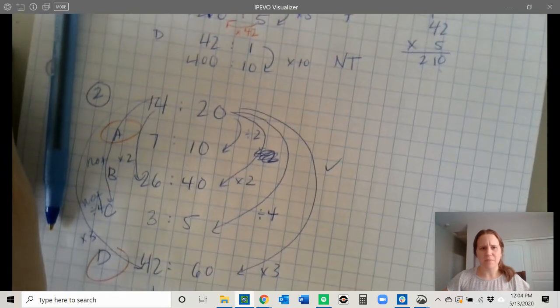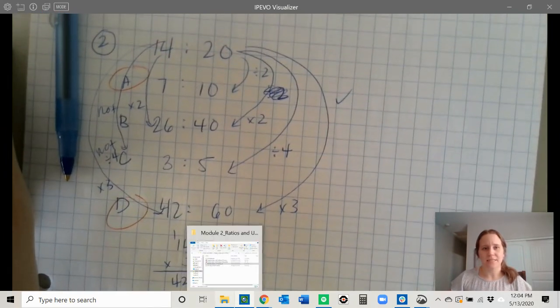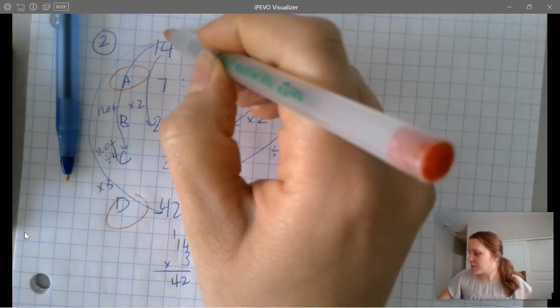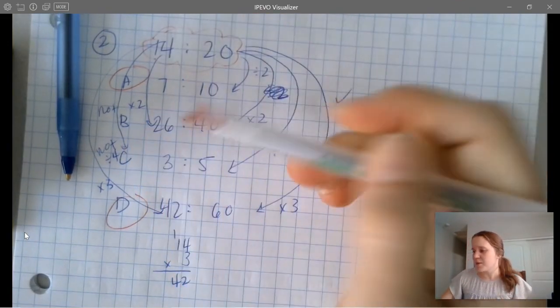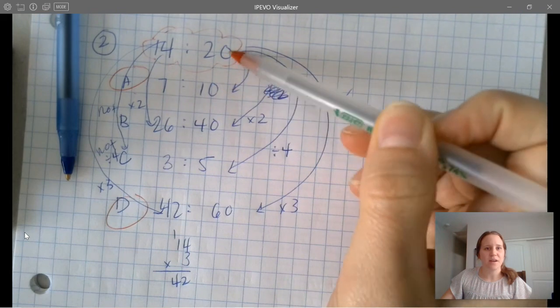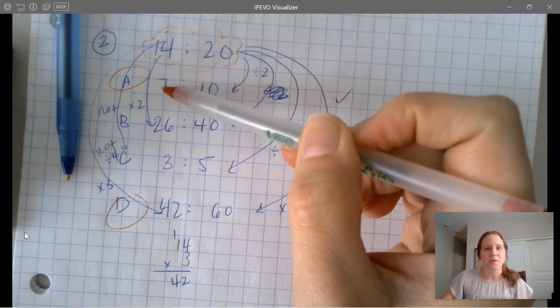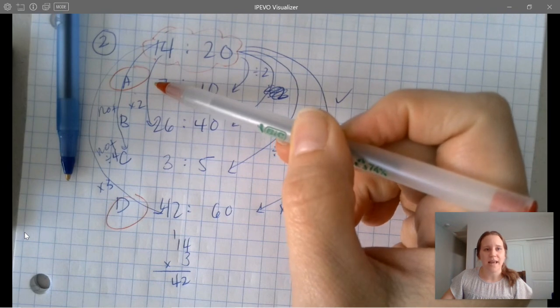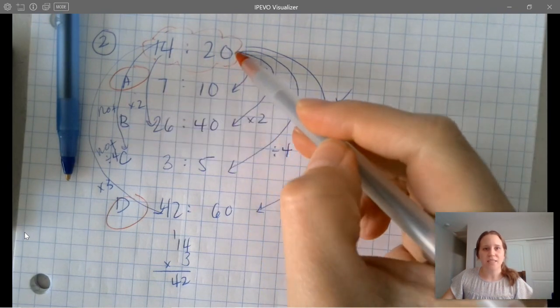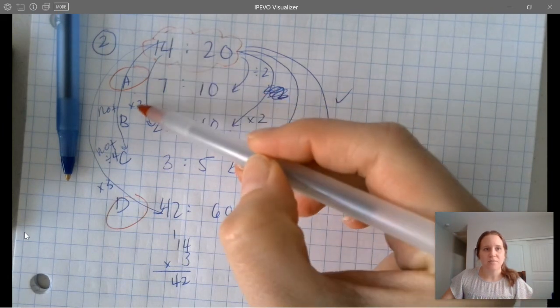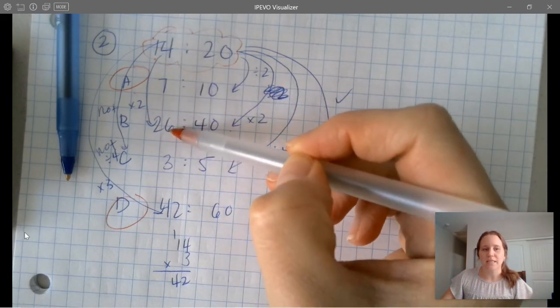My work got a little bit messy here, sorry. I did my best, but it did get a little bit messy. I put the original ratio at the top, and then I kind of worked answer choice A, and I tried to figure out what relationship existed. I saw that divided by 2 worked on both sides, so I went ahead and circled A. For B, I noticed that 20 times 2 is 40, but 14 times 2 is not 26.